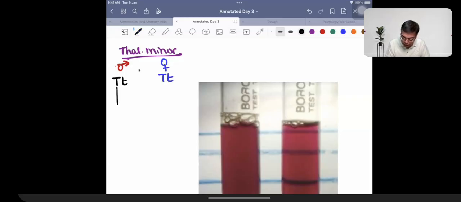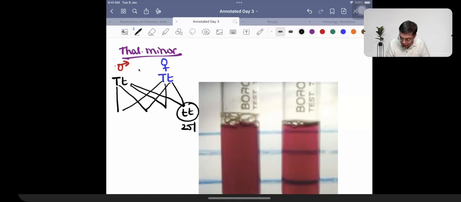They fall in love. And there is a 25% chance that they will have a baby who is going to be having thalassemia major.